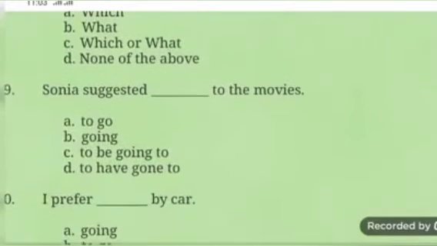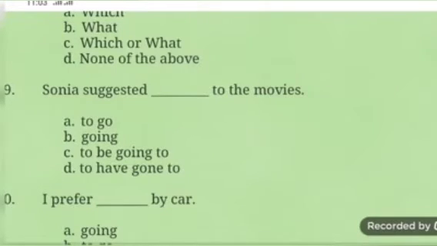Next one, Sonia suggested blank to the movies. Okay, so remember, there are some verbs that, when they are followed with a verb, the verbs that follow them will sometimes be in ing form, or sometimes to plus the base form, or both. You can use both.